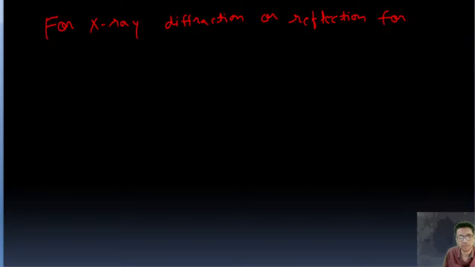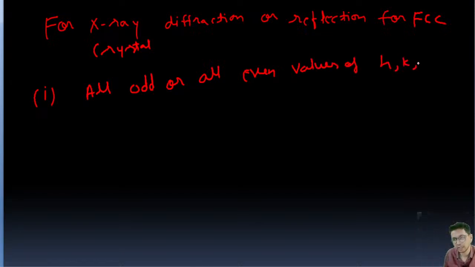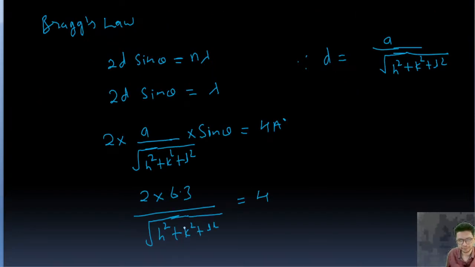So for X-ray diffraction or reflection for an FCC crystal, the rule is that HKL, these Miller indices, must be all odd or all even values. Here we can take simple values for making our calculation easy.